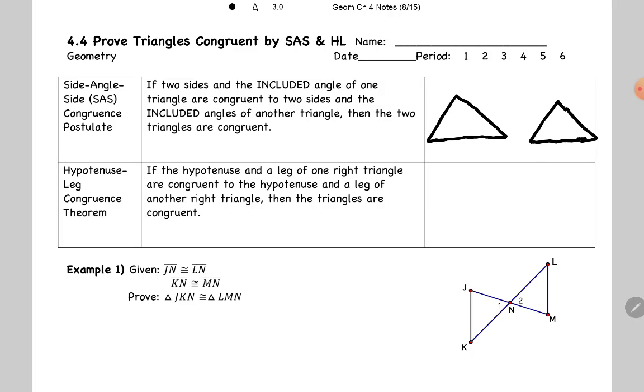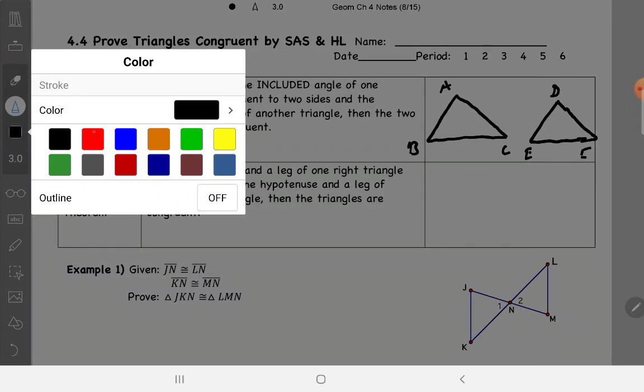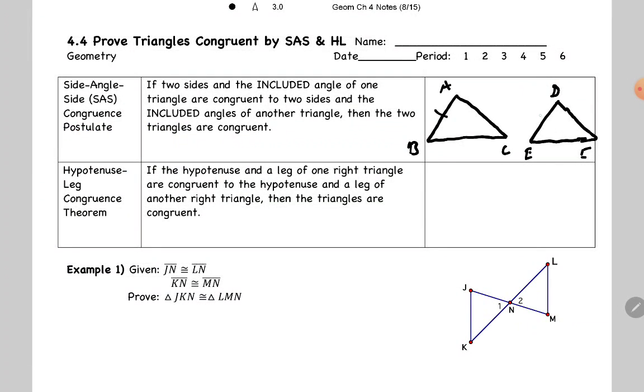So let's imagine that these two triangles are congruent. What I'm trying to show you here is ABC, DEF. So what we need is two sides congruent. Let's use colors here. Actually, these two sides need to be congruent. Well, it doesn't have to be that particular two sides.